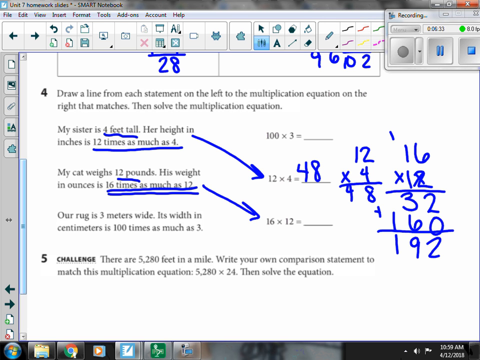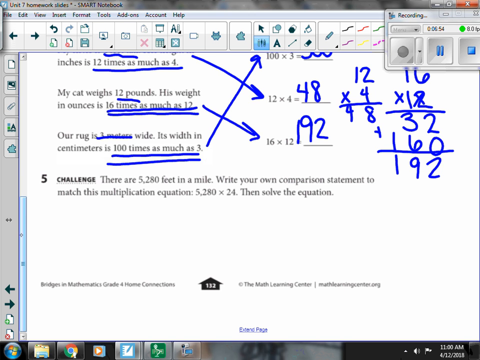So I end up with 192. And my last one, our rug is 3 meters wide. The width in centimeters is 100 times as much as 3. That's this top one. And 100 times 3 is 300.